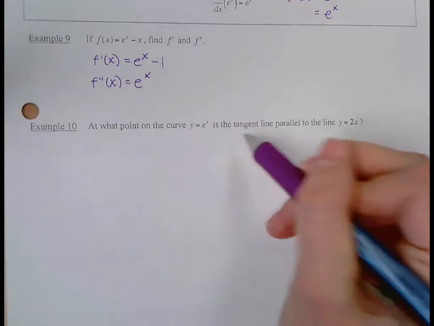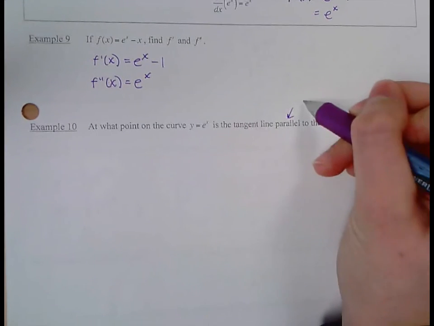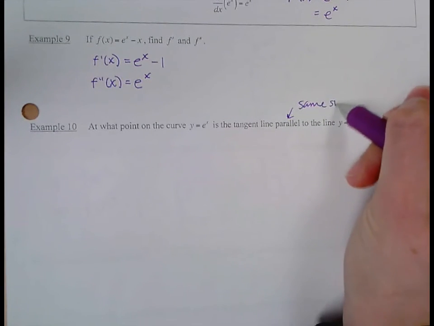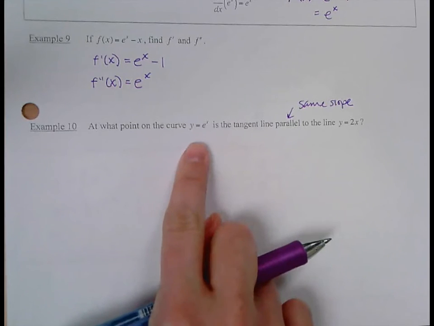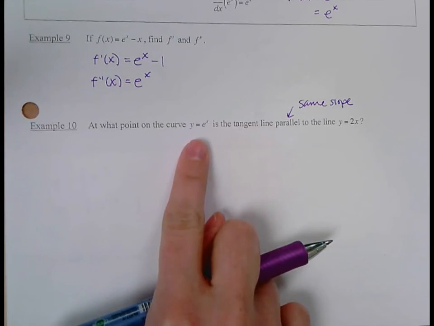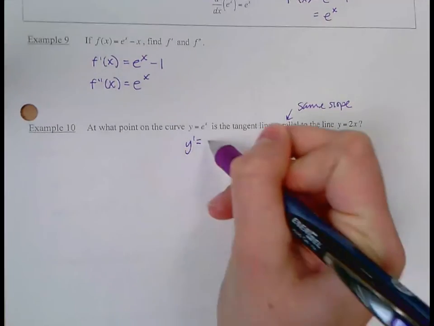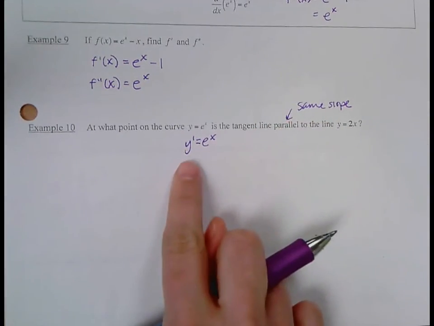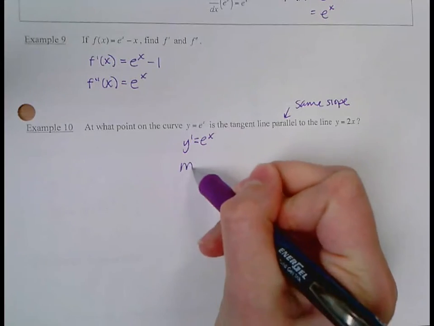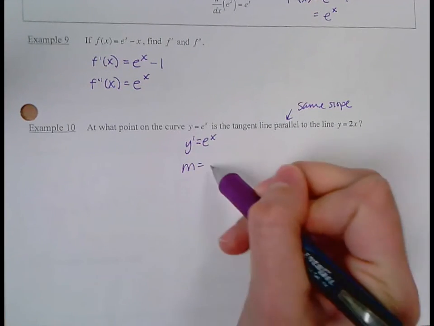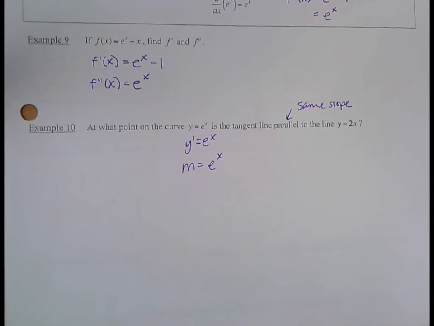They have the same slope. So parallel lines have the same slope. How do you find the slope of a curve? The derivative. So what is the derivative of e to the x? E to the x. So that means the slope at any point is going to be e to the x on that curve. So it would just change with your x value.